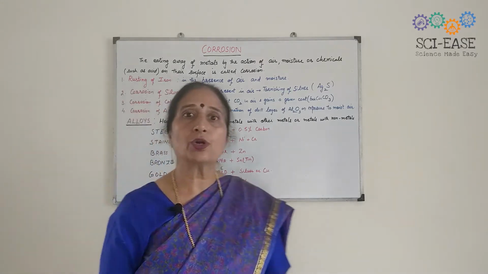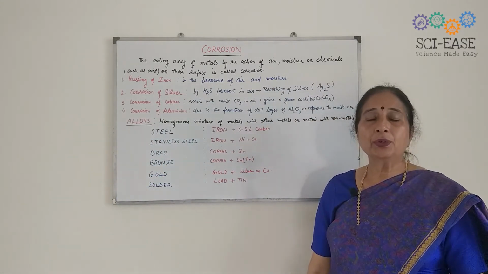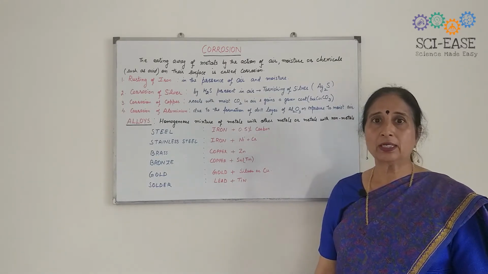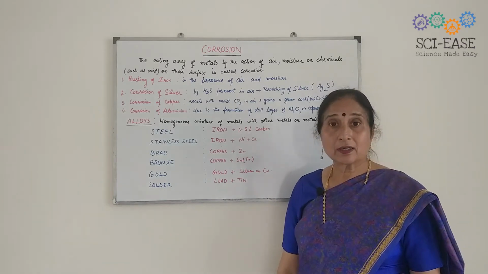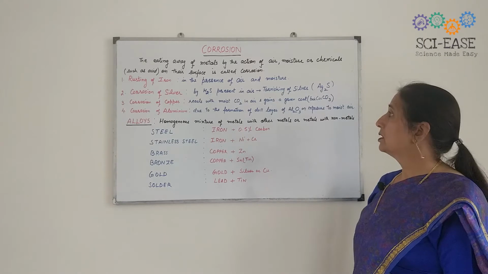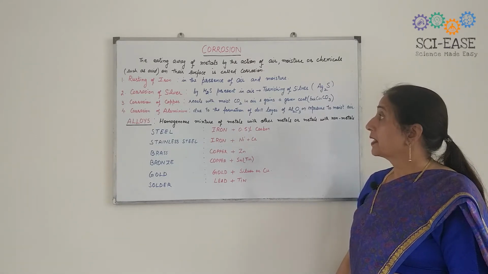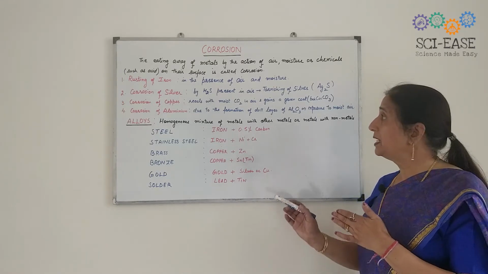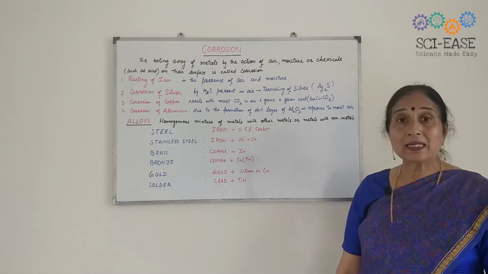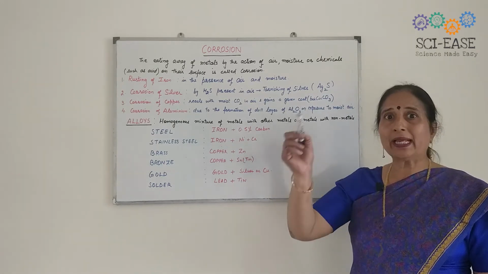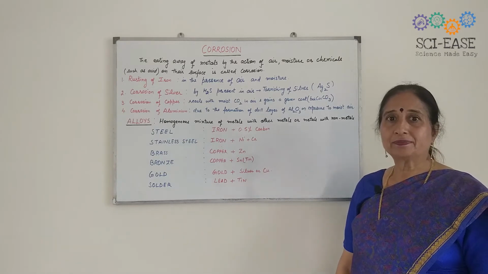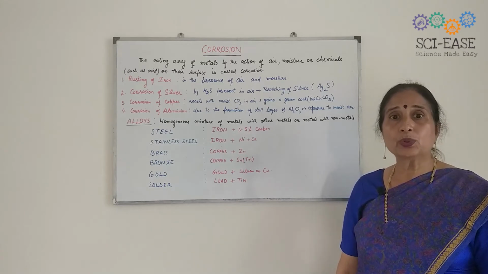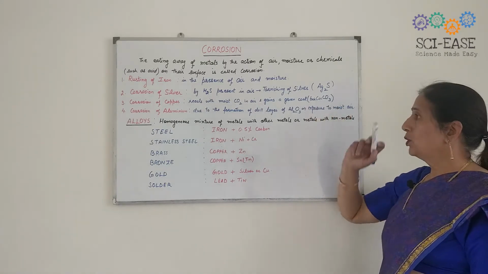Now come to the corrosion of copper. You know that copper has a shiny, reddish brown color, but it reacts with the moist carbon dioxide in air and a green coating is formed. This green coating is due to basic copper carbonate.